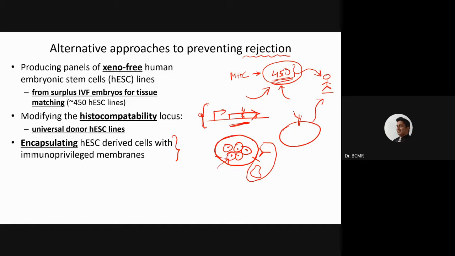In my opinion, it's not the best of the ideas, because the cells need nutrition, and there should be supply of blood, and many signals and so on that should go into it.